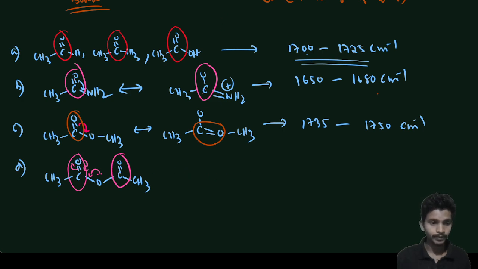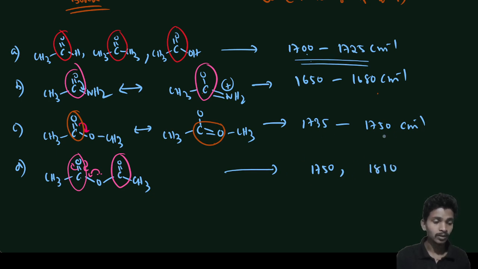Its peaks will be something like 750 to 810 centimeter inverse. Because the two atoms are there, we discussed that if a functional group has two or more identical atoms, then one functional group will give two stretching frequency values. So it's two stretching frequencies, one is 750, another is 1810.